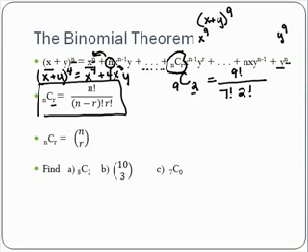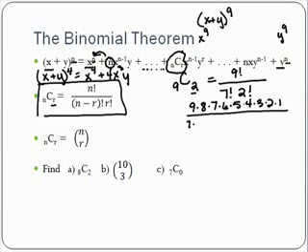To evaluate that, 9 factorial is 9 times 8 times 7, 6, 5, and so on, all the way down to 1, over 7 factorial times 2 factorial.